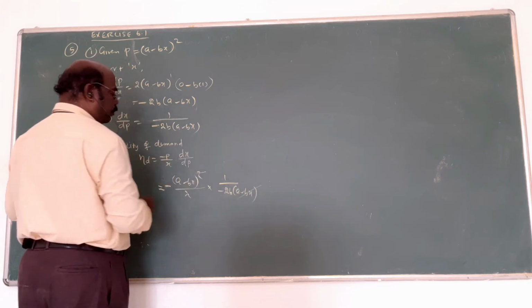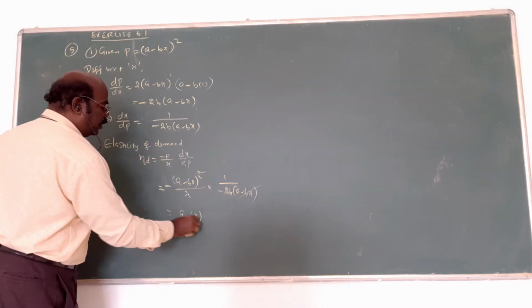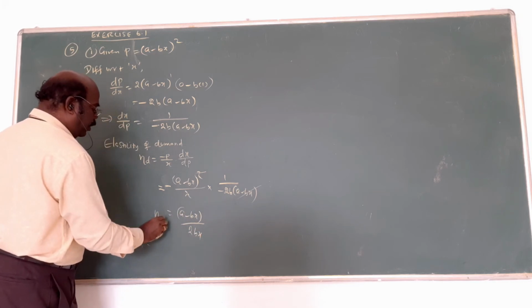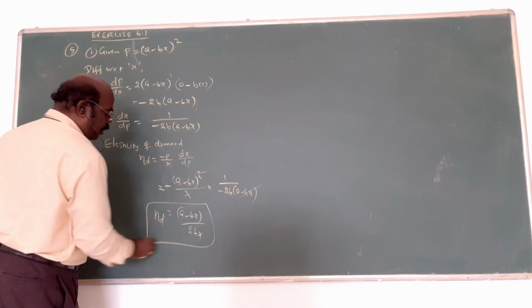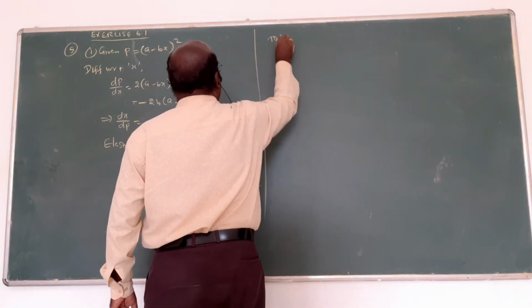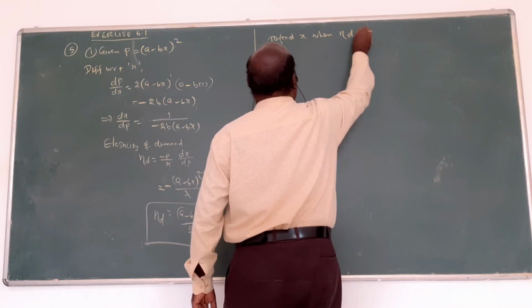This will cancel, minus cancels. You get the answer: (a minus bx) divided by 2bx. This is actually beta d. But what is asked? x is asked, to find x when beta d equals 1.